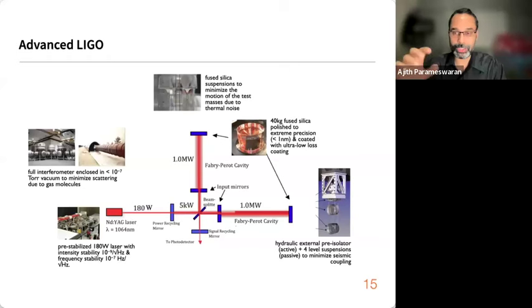To minimize the coupling of the seismic noise, they are suspended as triple pendulums with an active seismic isolation part. They use very highly stabilized lasers to produce highly stable frequency of the light. And the entire system is in extremely high vacuum to minimize scattering even by a small number of atoms of air in the tubes.